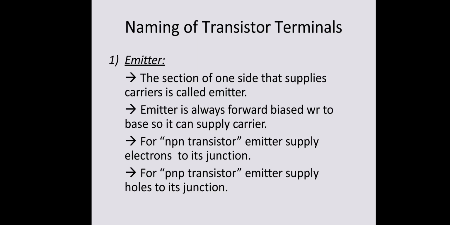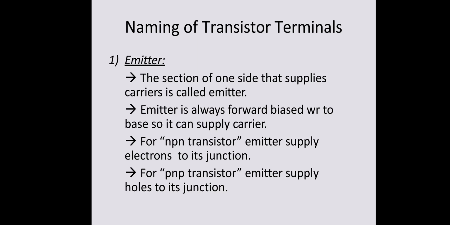At the base side, those electrons act as minority carriers. In the case of a PNP transistor, the emitter region consists of holes, which are the majority carriers in the emitter.